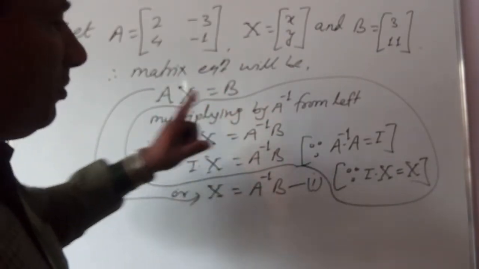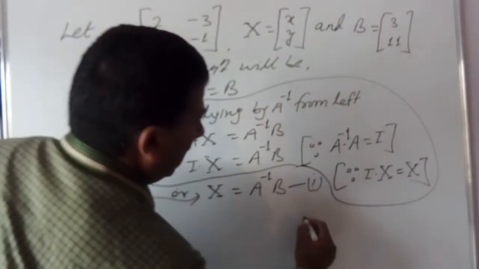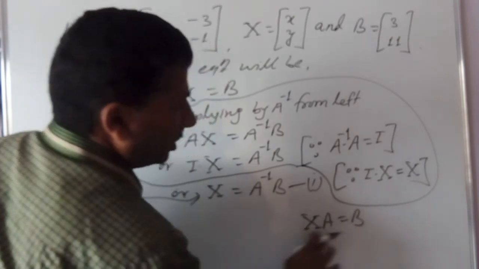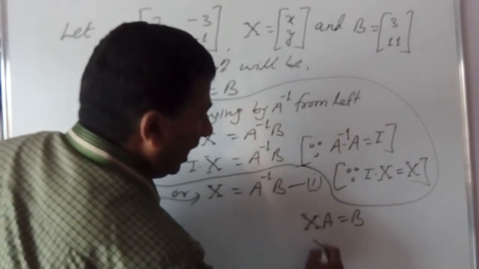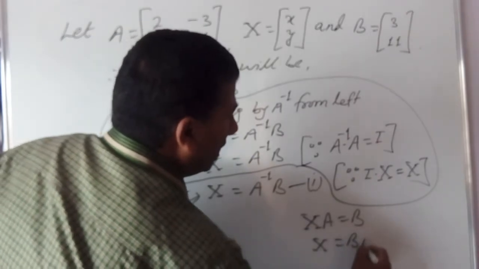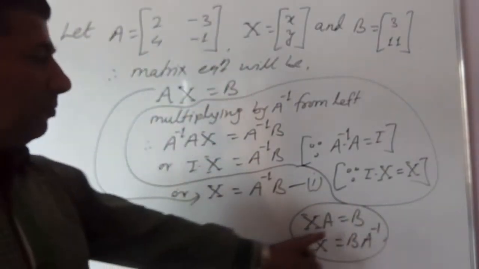If your question is XA equals B, if your equation is like this, then X equals B A inverse. You can write B A inverse directly.